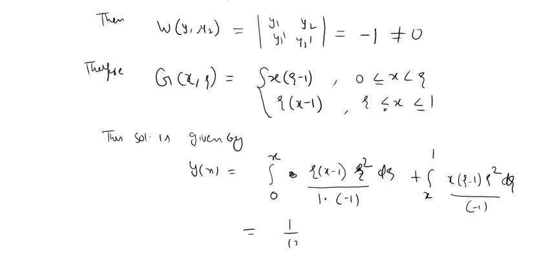So the final answer is 1 by 12 of (x to the 4 minus x), and you can check that this is the solution of the given problem. So in that way you can construct the Green's function, and by constructing those functions you can write the solution of the non-homogeneous one.